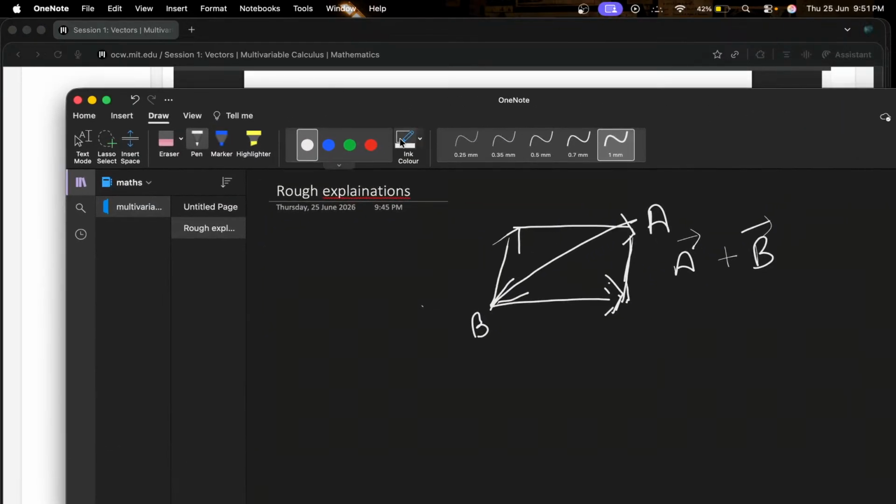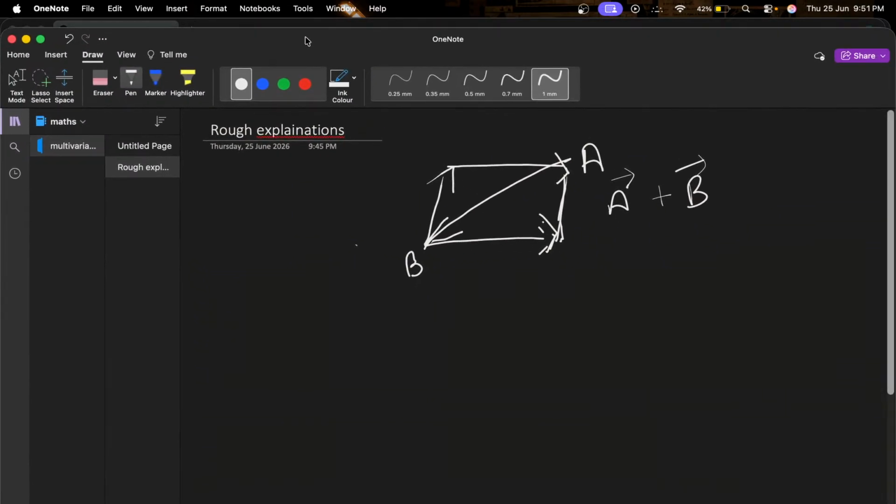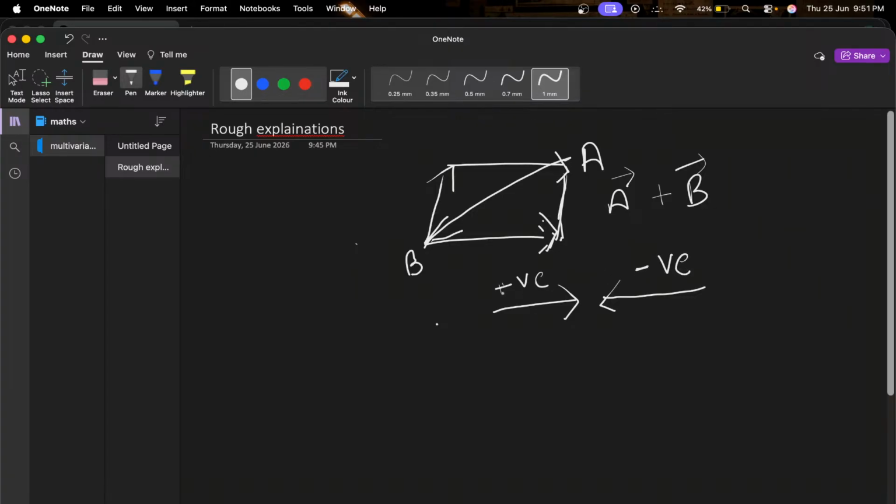I just got a thought process. Maybe I'm wrong or I'm right, you guys have to decide. But what it actually wants to say, if this is tail to tail, so what tail to tail means here, this is going in a positive route, this is going into a negative route. So if they collide or whatever they do, they are in the opposite direction, so they will get subtracted.